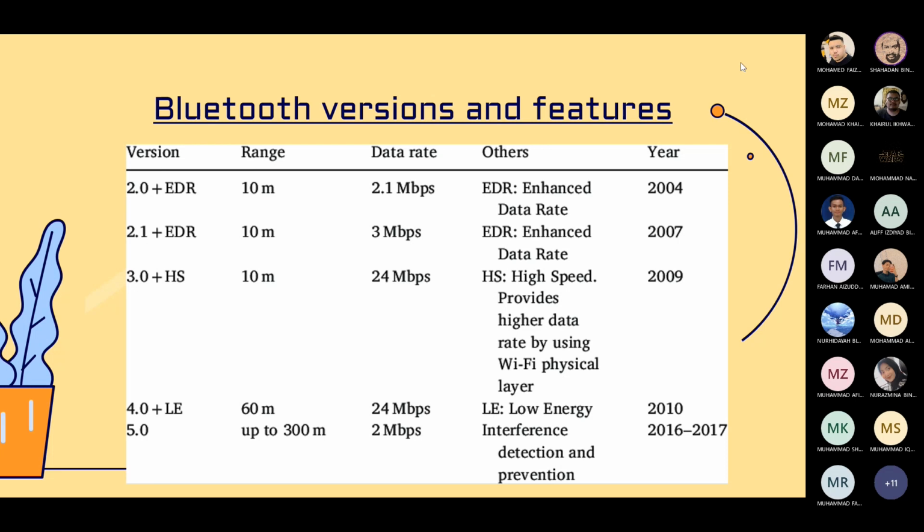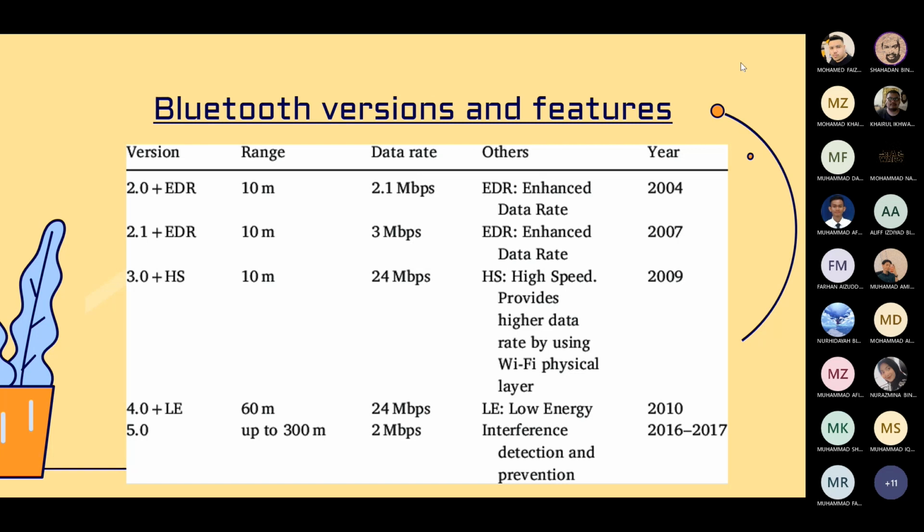The range is 10 meters and the speed is 24 Mbps, and it provides higher data rate by using the Wi-Fi physical layer. Developed in 2009, and the next version is 4.0.